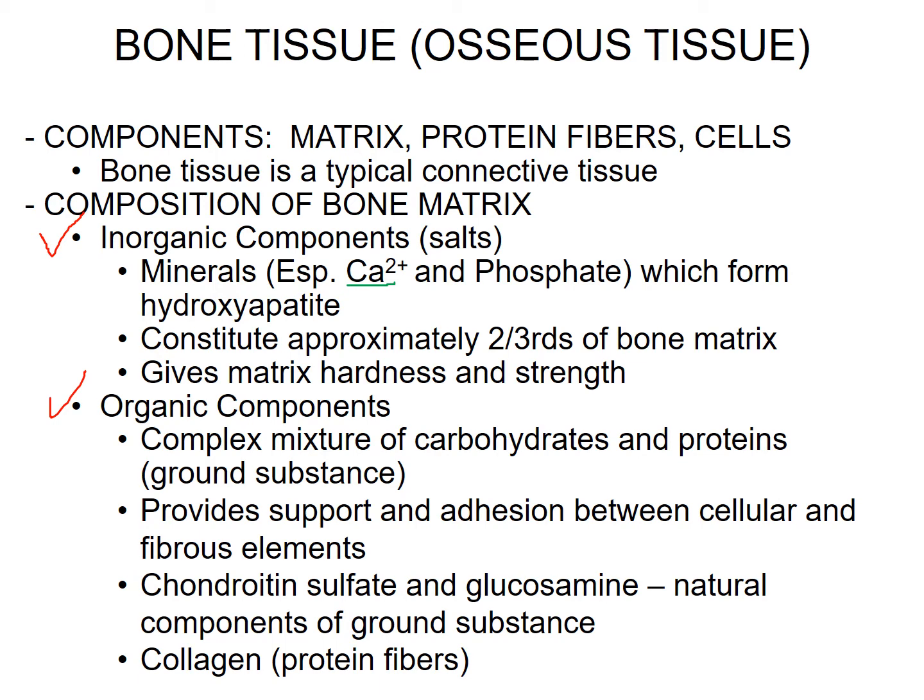So let's talk about the minerals, the inorganic compounds. The inorganic components first. So as I mentioned, calcium, very, very important. We're also going to have phosphate groups. And when you combine those 2 together, what we get is this really strong structure called hydroxyapatite.